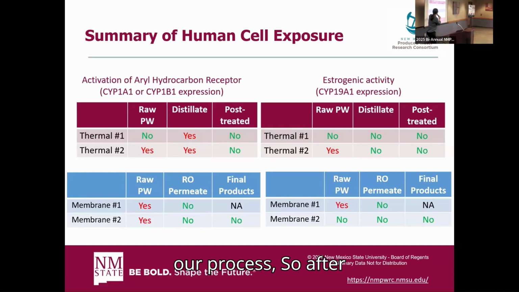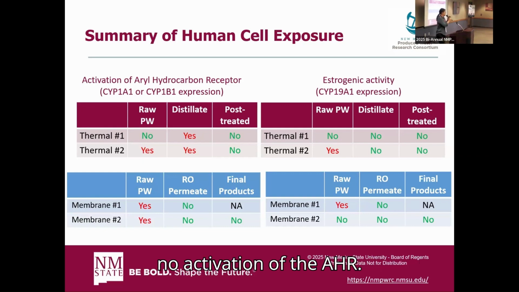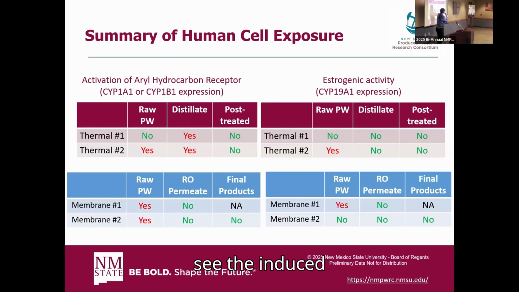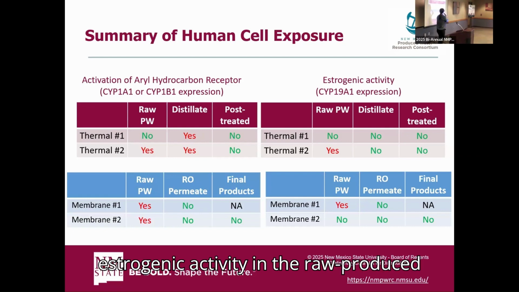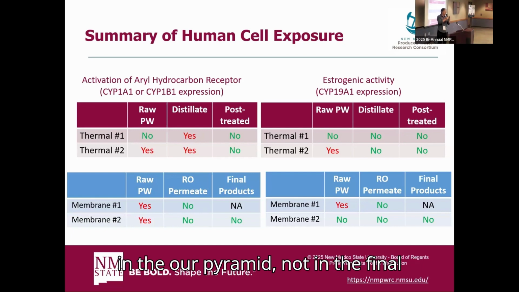But for our membrane process, in our permeate, there is no activation of the AHR. For the estrogenic activity, we only see induced estrogenic activity in the raw produced water, not in the thermal distillate, not in the permeate, and not in the final effluent.